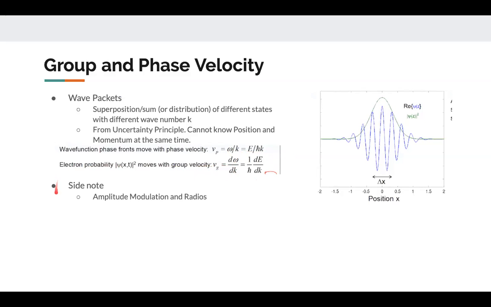This is also how your radio transmits information. It uses amplitude modulation, so it basically adds a high frequency signal with a low frequency signal. The high frequency signal is how it transmits from your radio to the station, or the station to the radio, and the low frequency signal is your actual music. I thought that was kind of cool.